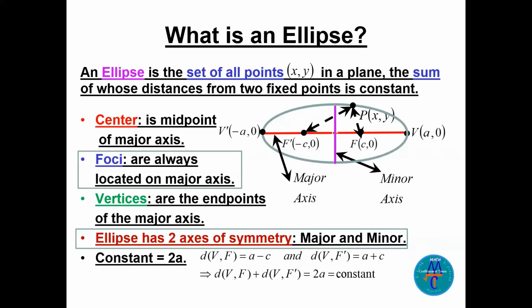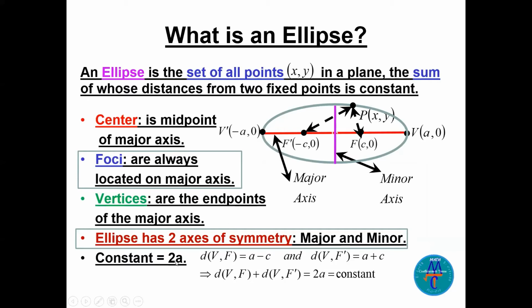Now, what is an ellipse? An ellipse is the set of points in the plane where the sum of whose distances from two fixed points is constant. So if you have any point on the ellipse, P, you find the distance from P to F prime, plus the distance from P to F, and you take the sum.